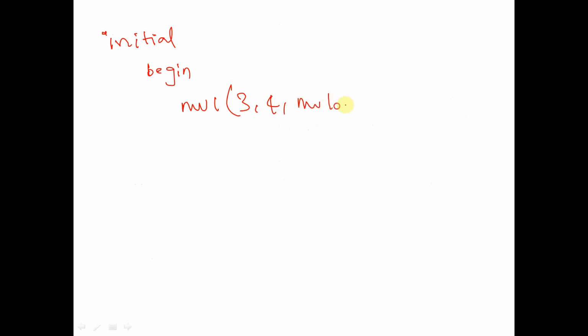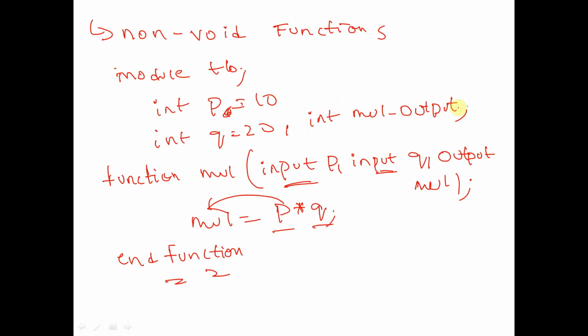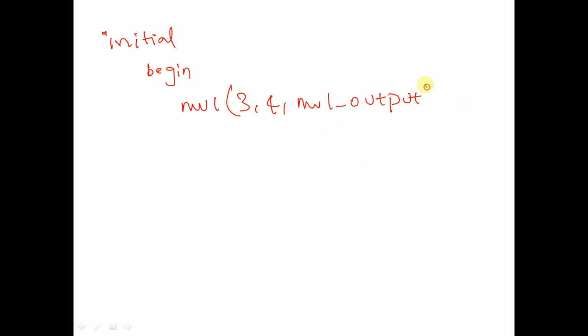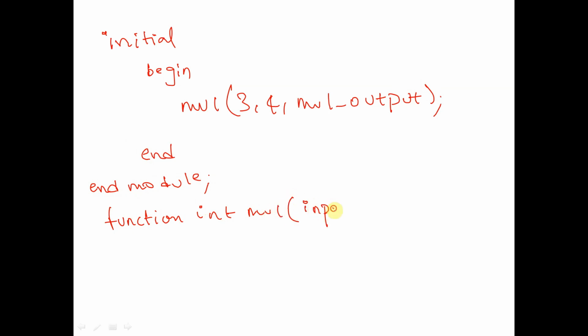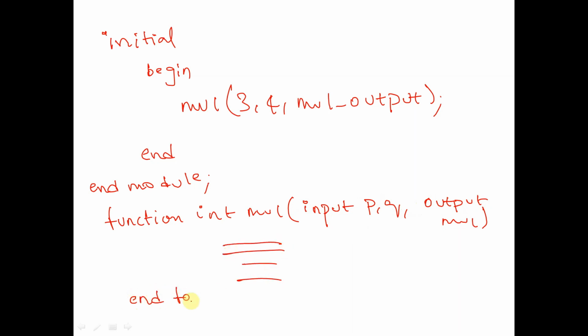Here I will write multiply_output, and end the initial begin block and end the module. So here what happens, I have declared a function int multiply, my inputs are input p, q, and the output is multiply, and I have written the logic inside and ended the function.